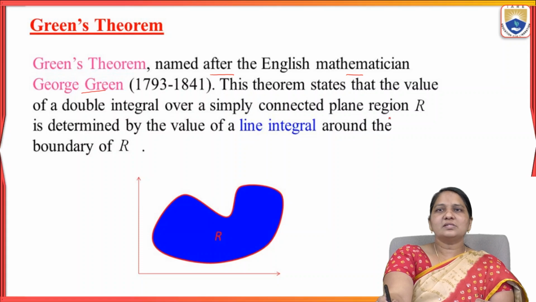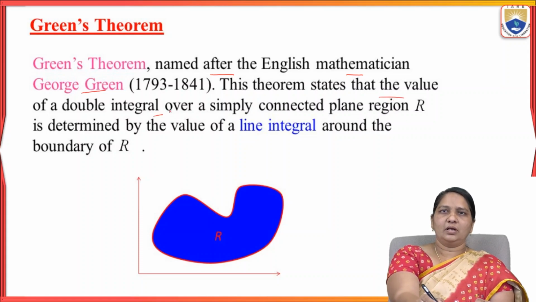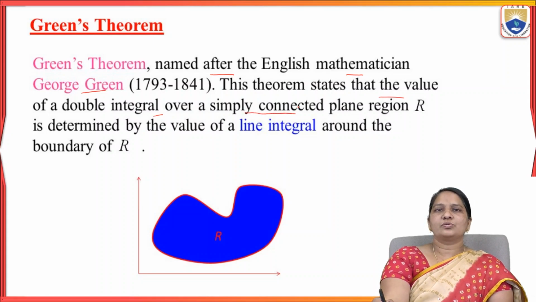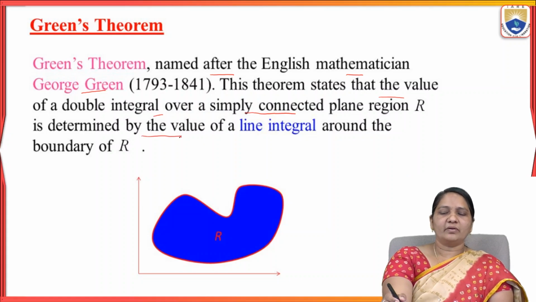This theorem states that the value of a double integral over a simply connected plane region R is determined by the value of a line integral.